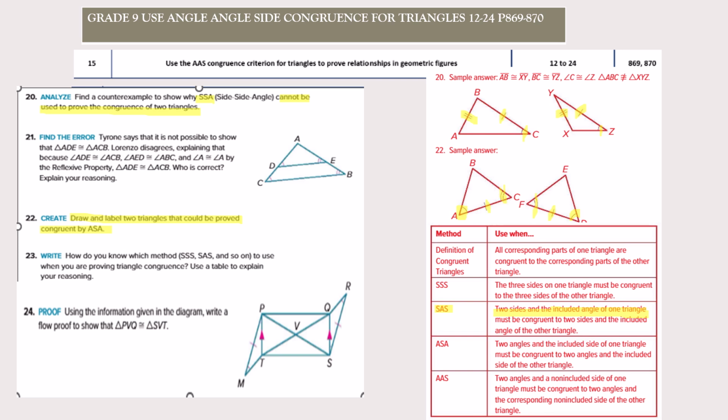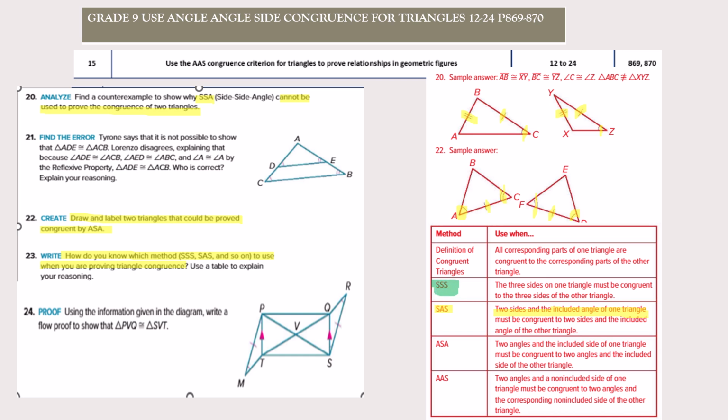Number 23 says, how do you know which method to use when you are proving triangles congruent? So this is the most important part of the whole learning, and that is you have to know what the rules for congruency are. And as we know, we've already worked with side, side, side.